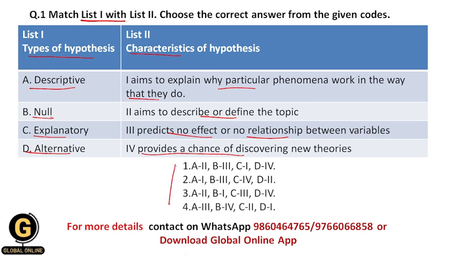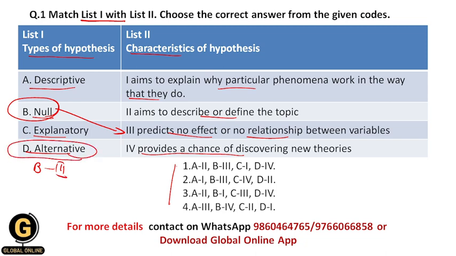As we have seen in earlier videos, a null hypothesis is a statement which predicts that there is no effect or no relationship between the variables, and that's why null hypothesis will match with option 3. B will go for 3. Now let us see alternative hypothesis.